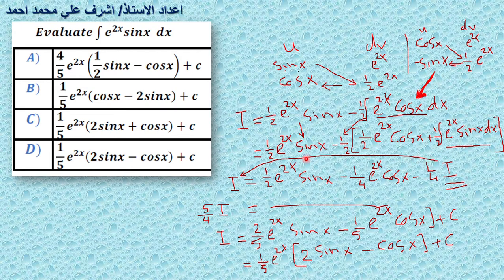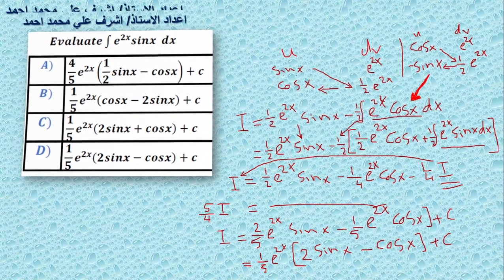I'll transfer this negative 1 over 4 I as positive 1 over 4 I. 1 plus 1 over 4 is 5 over 4 I, equal to the rest. So we'll multiply both sides by 4 over 5. We'll take 1 over 5 e to the power 2x as a common factor. So we'll get this result.